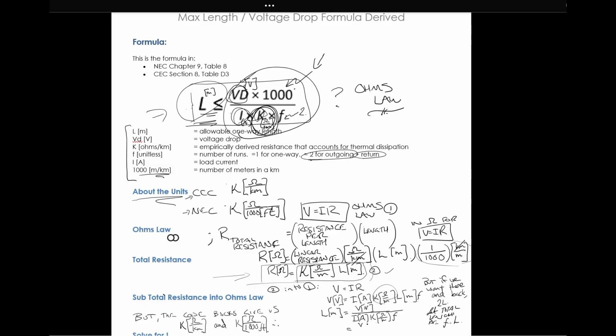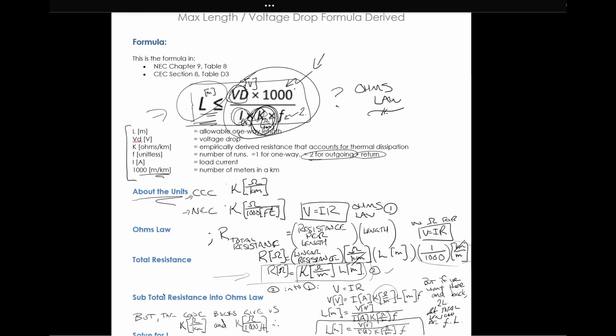So I'm going to have my voltage in volts times my current in amps times my K in ohms per kilometer or ohms per 1,000 feet times F. And since I did that, now I've messed up Ohm's law. I have now length is no longer in meters, and this is a false statement I'm circling here.